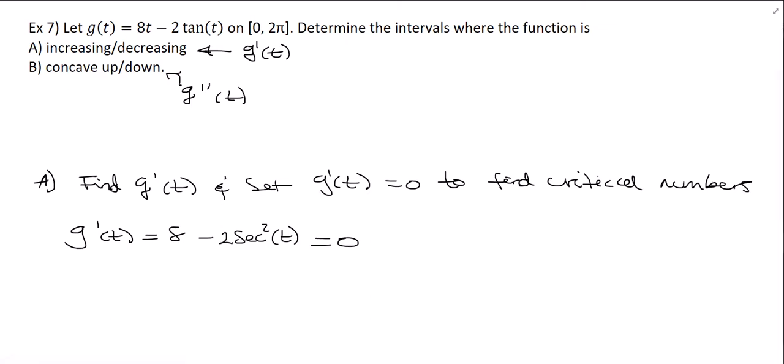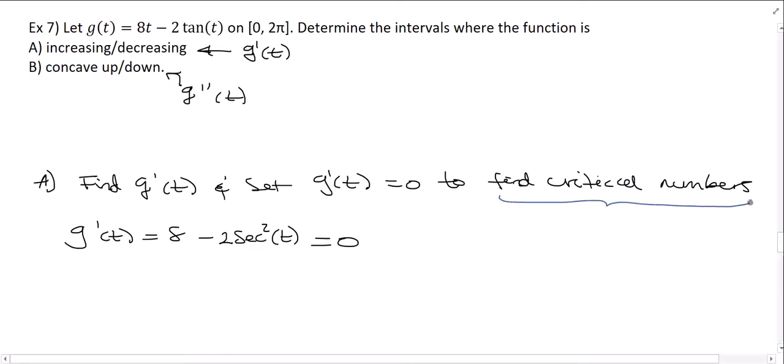And to find critical numbers, now remember, critical numbers are where the derivative is 0 or undefined. Then we set this equal to 0, but notice that here we don't have a denominator, but we have to think about, since I have a trig function, I have secant, it's a reciprocal.